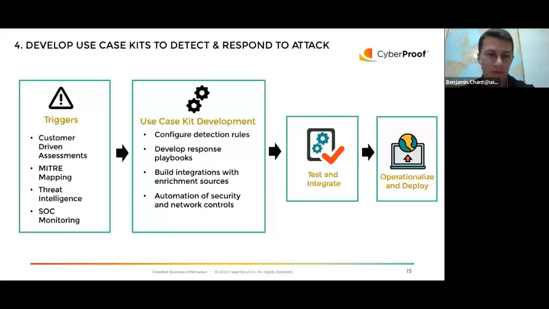Obviously, when you look at the previous slide, this is an example of the final step of that continuous improvement process in terms of having the ability to have triggers, whether that's an assessment or threat intel input or monitoring your SOC or mapping against MITRE ATT&CK, having that input and then having the ability, and Bruce used the term factory, to then develop those use case kits consisting of all those different components, and then making sure you test, integrate, and operationalize it.